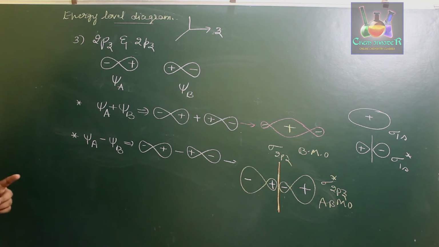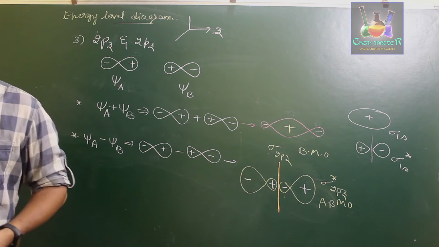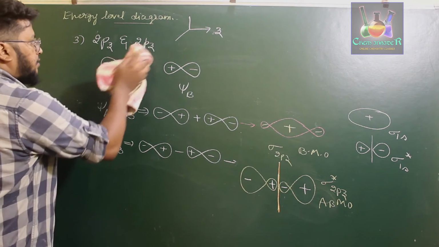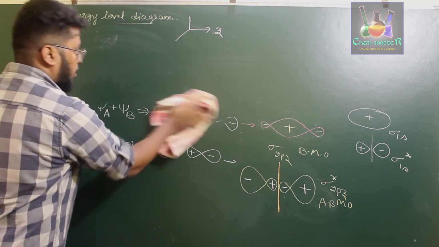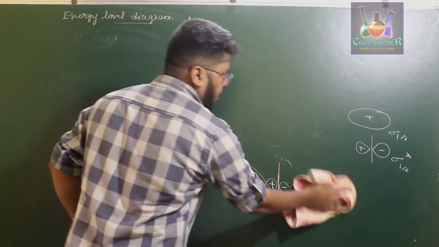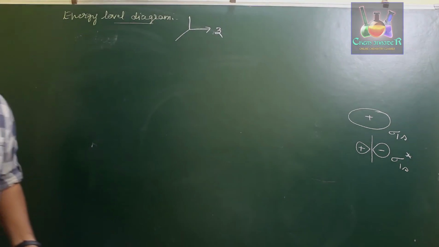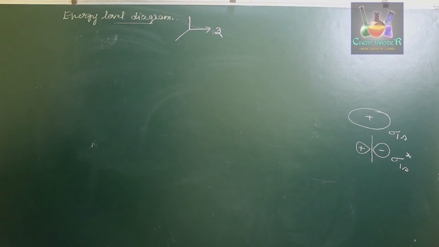Now for the pi orbitals being formed. For the pi orbitals, what we observe is, as I said, we are considering z-axis as the molecular axis. So we clearly have asymmetry in case of x and y orbitals.